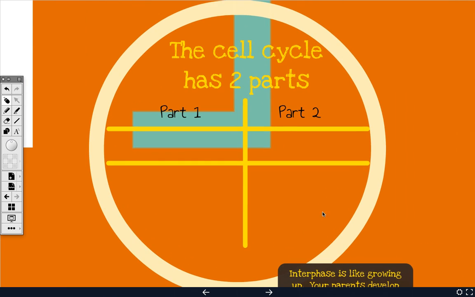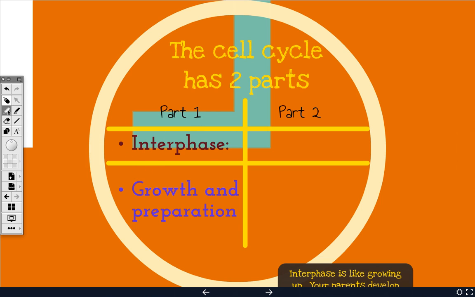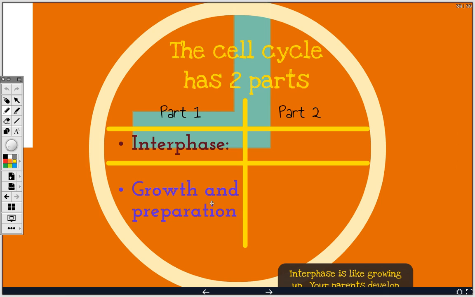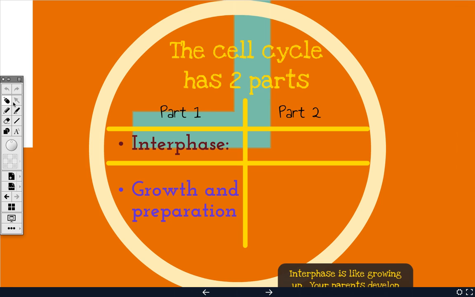The cell cycle has two main parts. Part one, and you're going to write this down, is called interphase. Write that down. Interphase is where our cell grows and prepares itself to be divided.